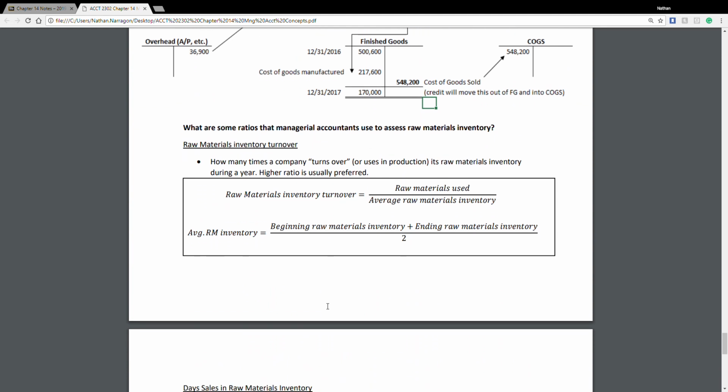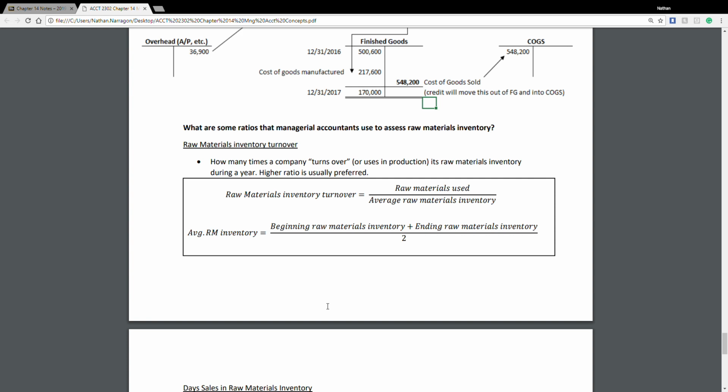Okay. And the last little parts that we've got going on to finish it up: some of the ratios that managerial accountants tend to use to assess raw materials. One is the raw materials inventory turnover. That sounds like a recipe, but it's really not. Basically, how many times the company turns over or uses all of its raw materials during the year. We usually like a higher ratio.